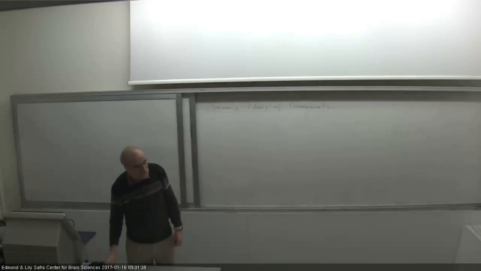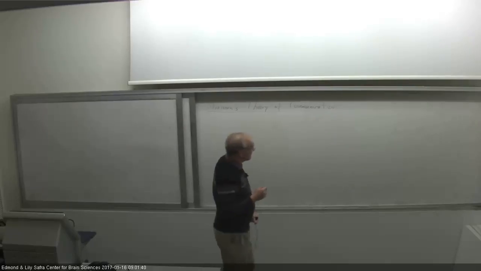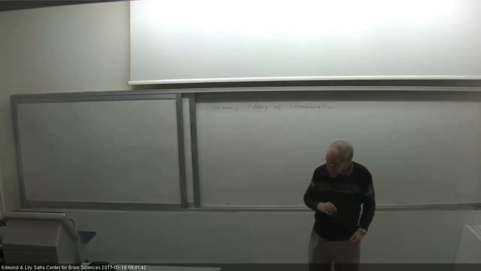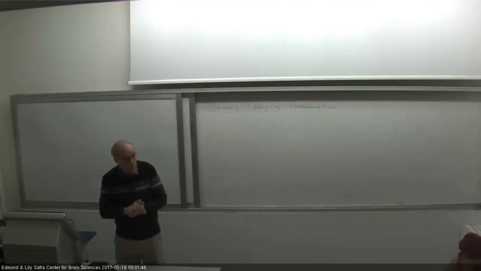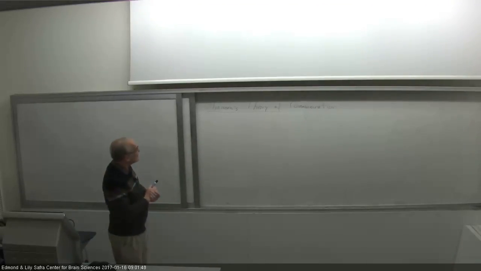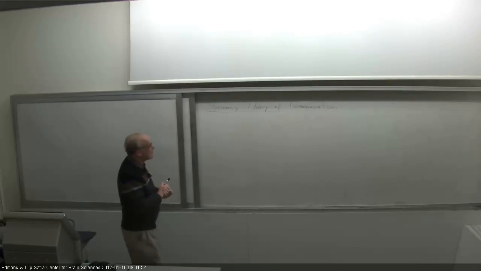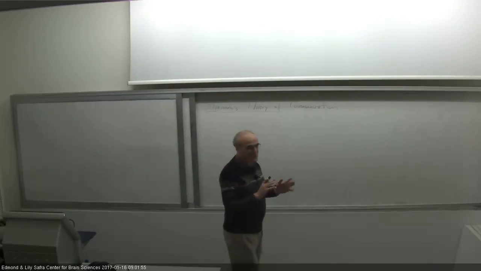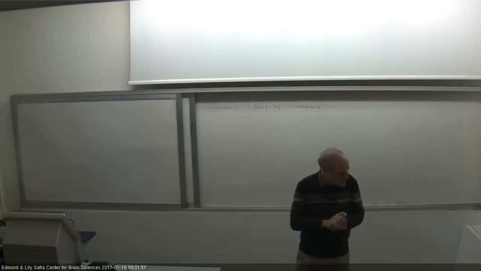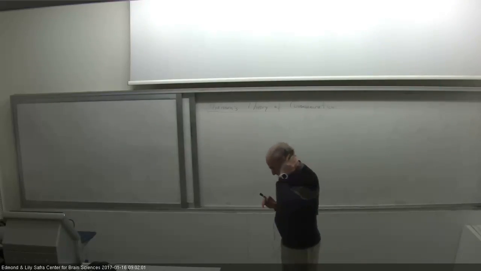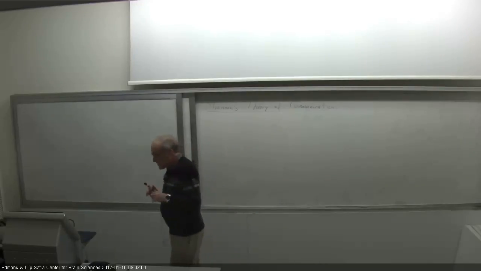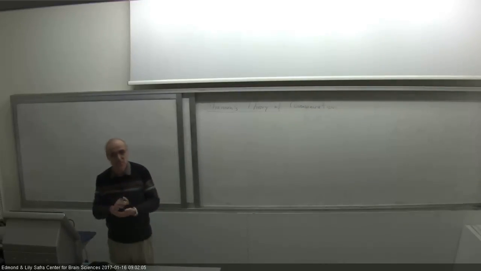But still, I think it's very important to understand the basic ideas and structure behind Shannon's theory, which is still the heart of, if you look at the IEEE Transactions on Information Theory, the main technical journal in this field, it's still mostly about communication models and theorems.